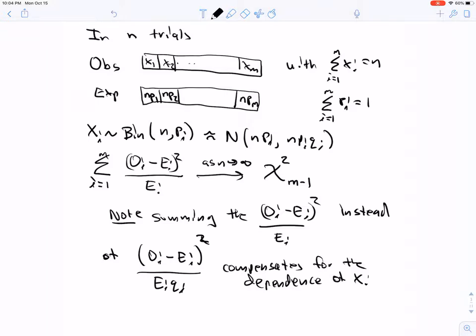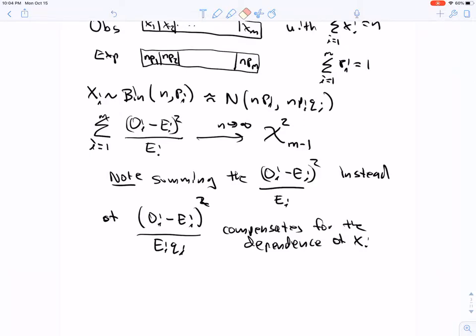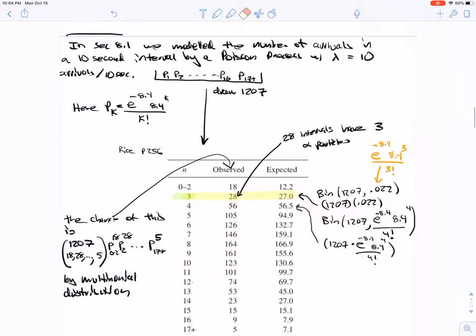Then, just as before, we have this sum of observed minus expected squared over expected for each cell, which converges to a chi-squared with m minus 1 degrees of freedom. I'll just move on here.